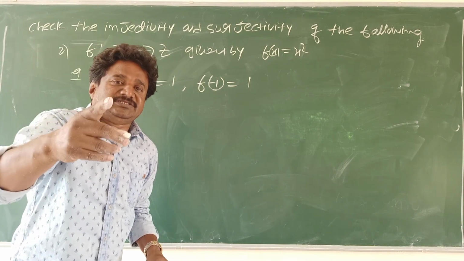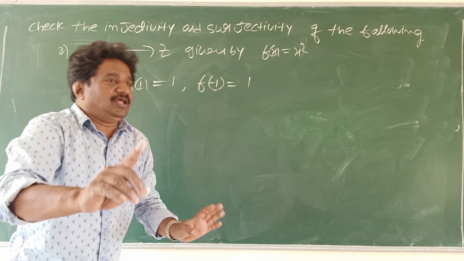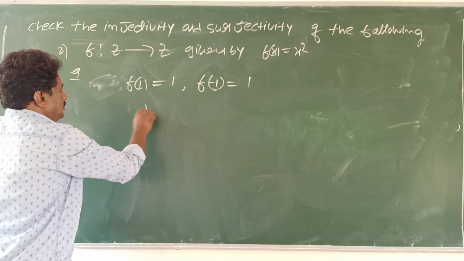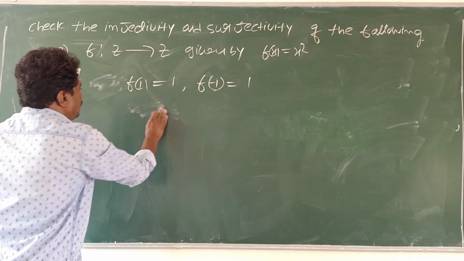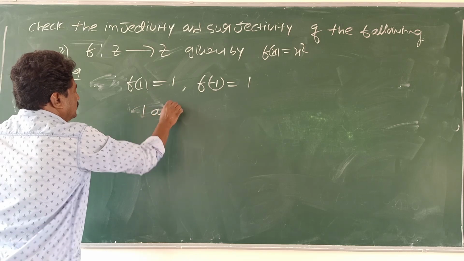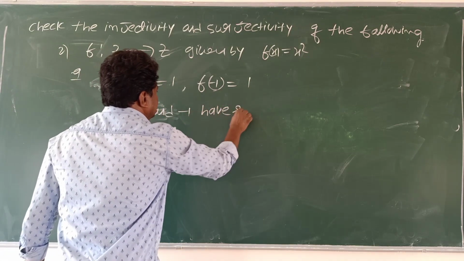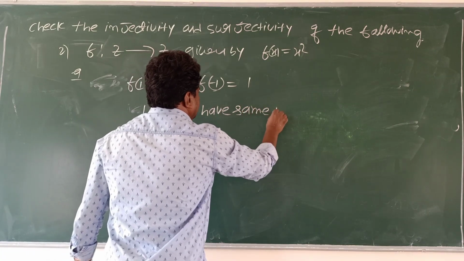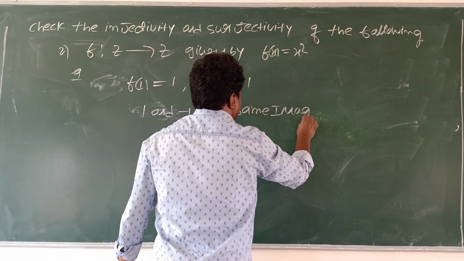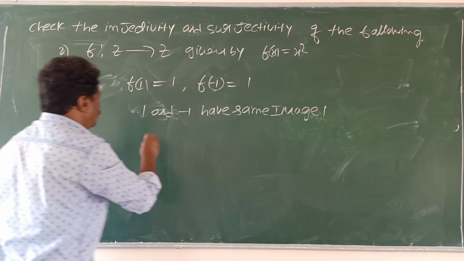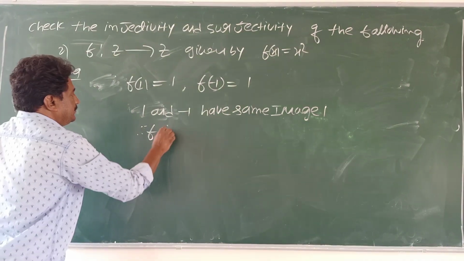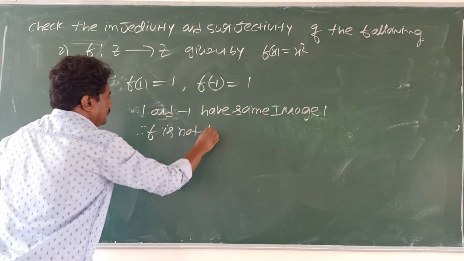If images are same, then it is not 1-1. You write that images are same, or you write that 1 and minus 1 have the same image 1. Therefore, f is not 1-1.